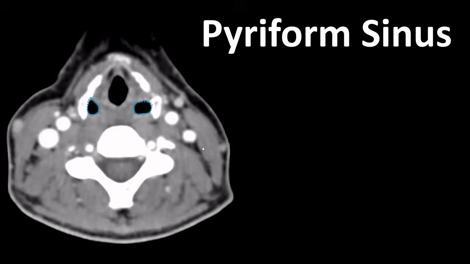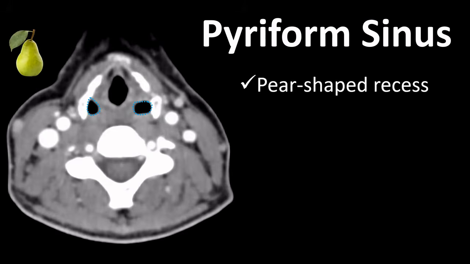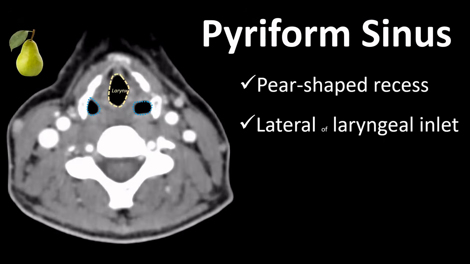Let's start with the piriform sinus, which is no doubt the most important structure of the hypopharynx when it comes to oncological imaging, because most hypopharyngeal carcinomas originate in the piriform sinus. So these are pear-shaped recesses located on both sides of the laryngeal inlet. So the air-filled structure in the middle, that's not the hypopharynx, that's the larynx.